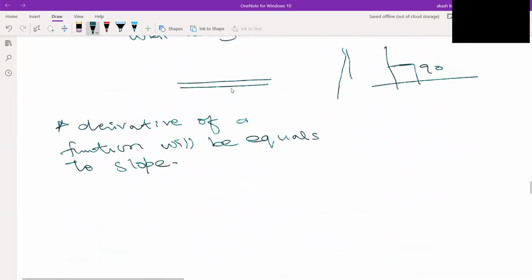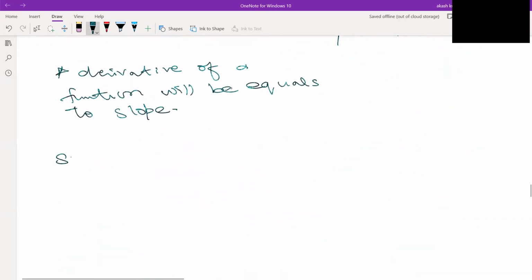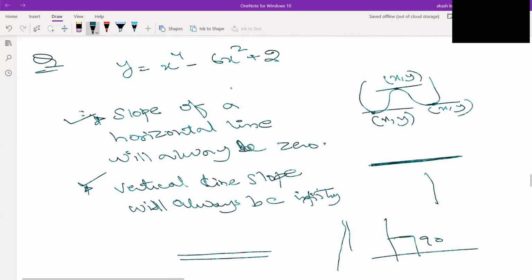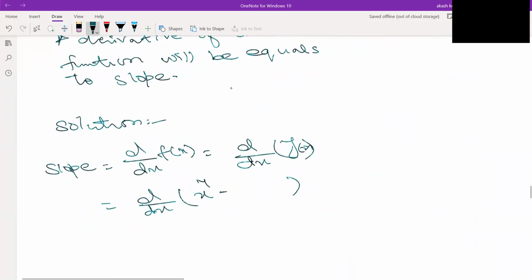Let's do it first. Slope equals d over dx of the function. Our function is y of x. So it will be d over dx of x raised to the power 4 minus 6x squared plus 2.